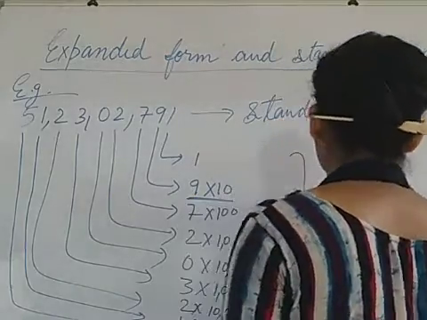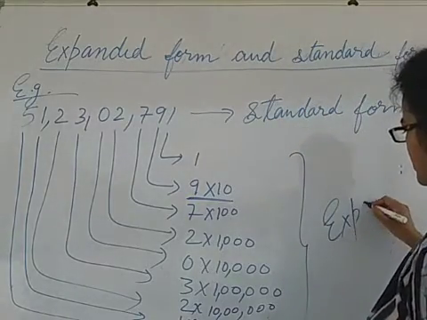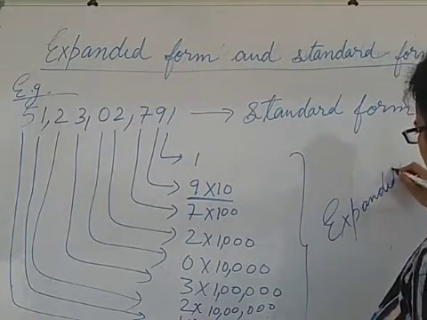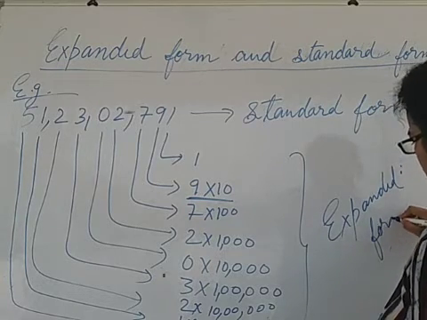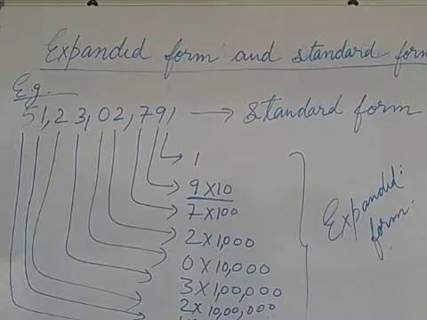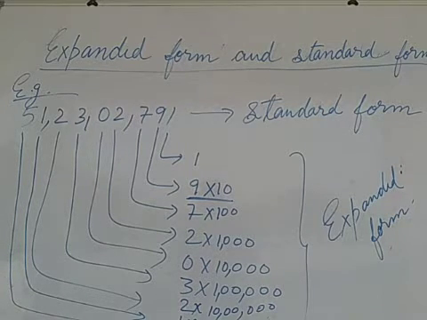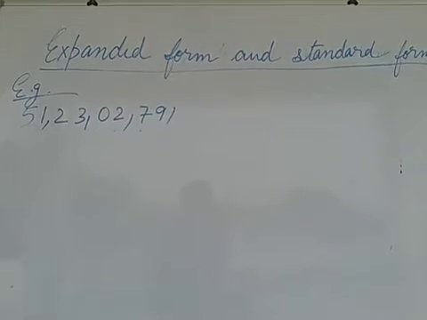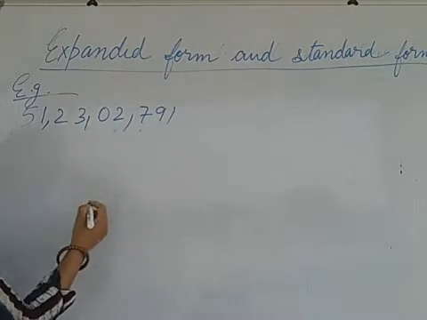This is known as expanded form. So what is expanded form? Writing all the digits of a number with their place value is known as the expanded form of a number. So here this number is in standard form.